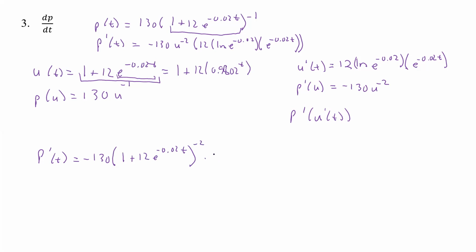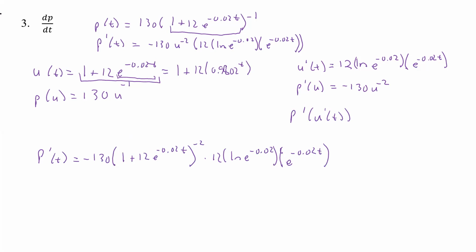And then I have times 12 times the ln of e to the minus 0.02, no t there, and then in parentheses e to the minus 0.02 t. So I believe that gives me everything I need.